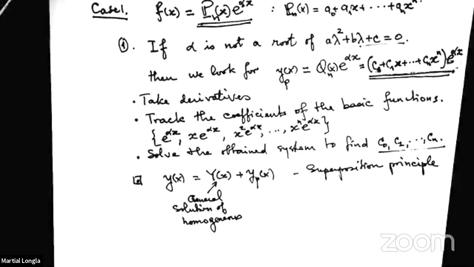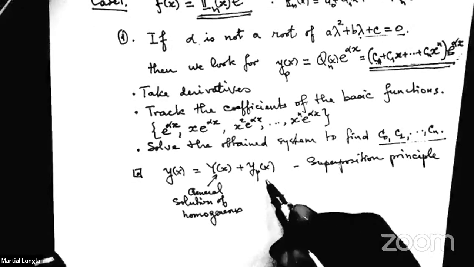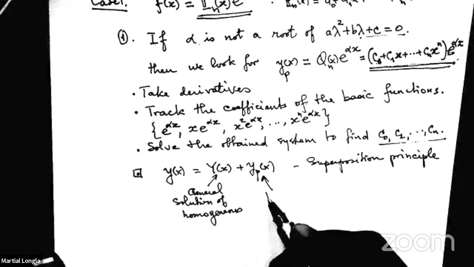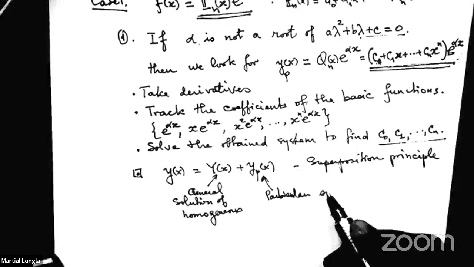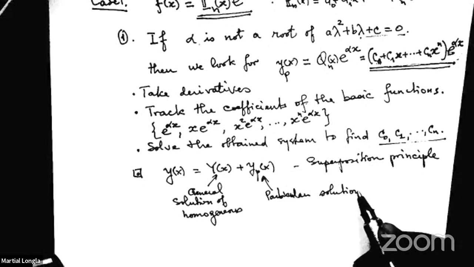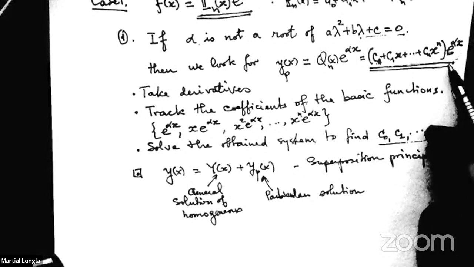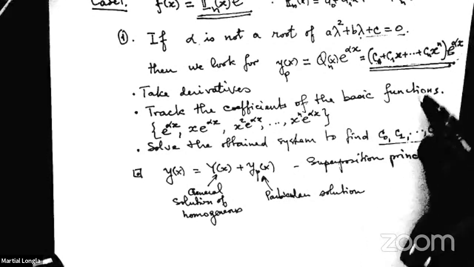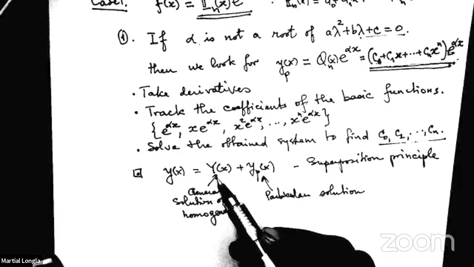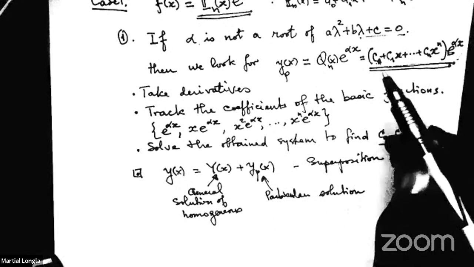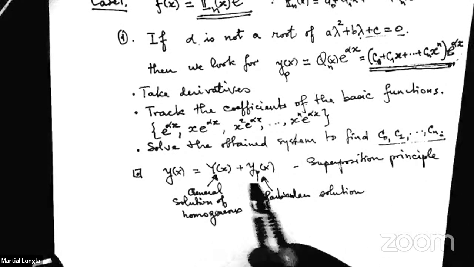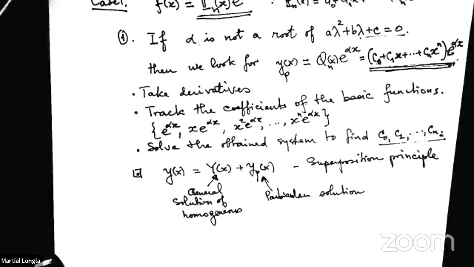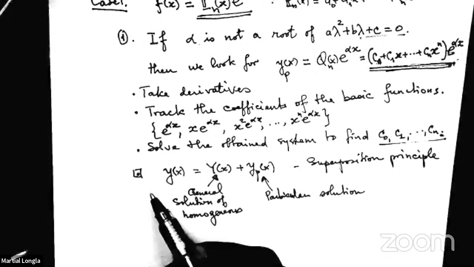And this is the particular solution that is found here. So you solve, you get the general solution of the homogeneous problem. You find this particular solution by solving for the C's, and you add the two solutions to get the general solution of the problem.